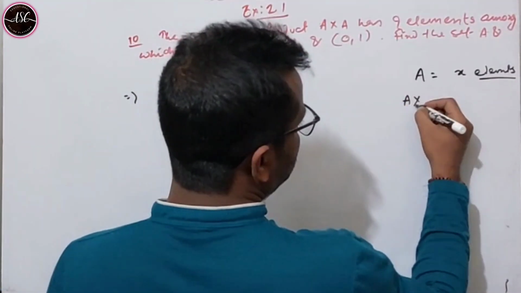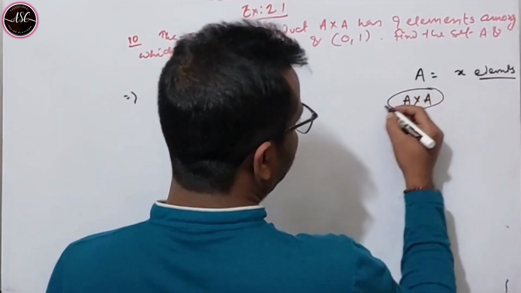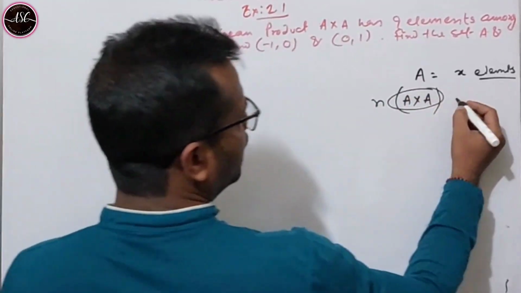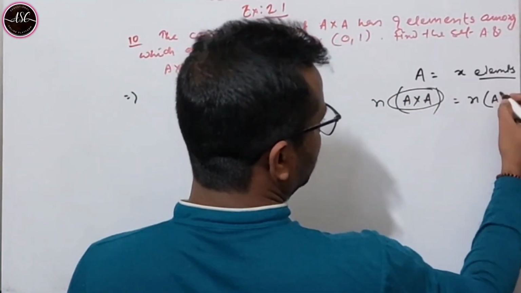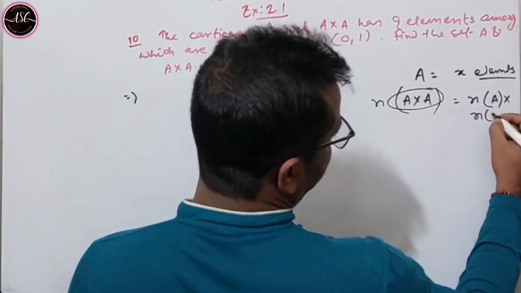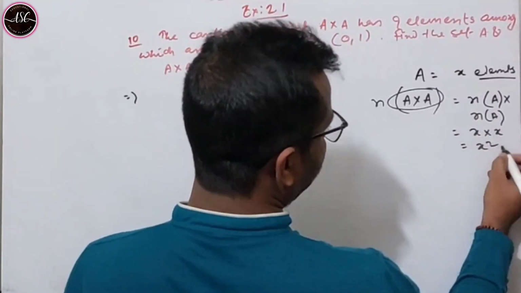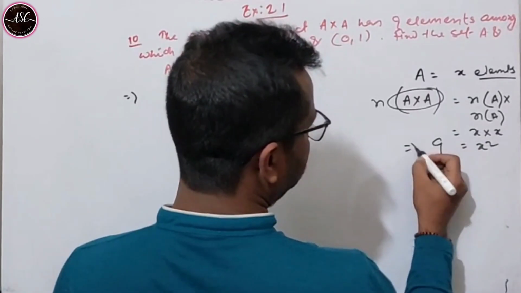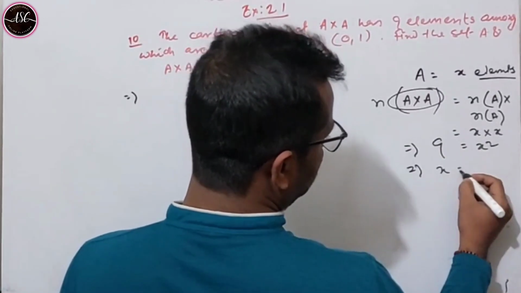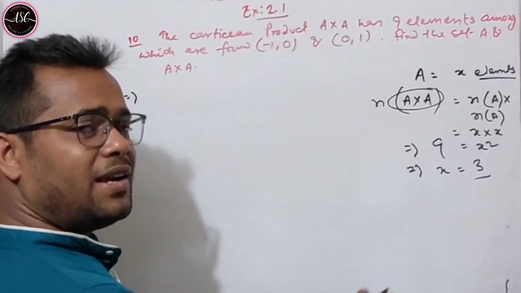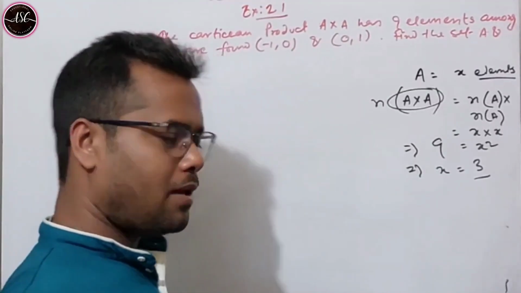Then A cross A, the number of elements n(A cross A) will be the number of elements of A cross the number of elements of A. So x cross x means x square. So this is 9, x equals 3. So we get A has 3 elements.